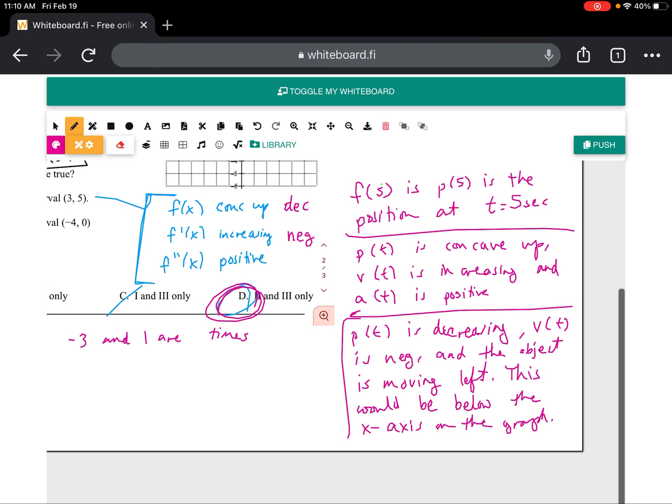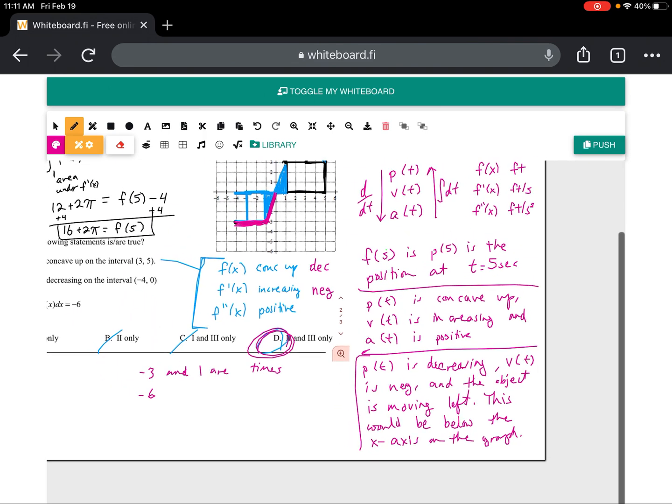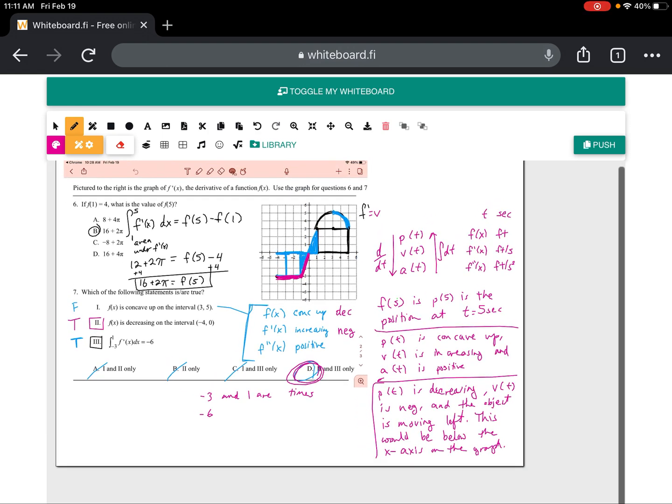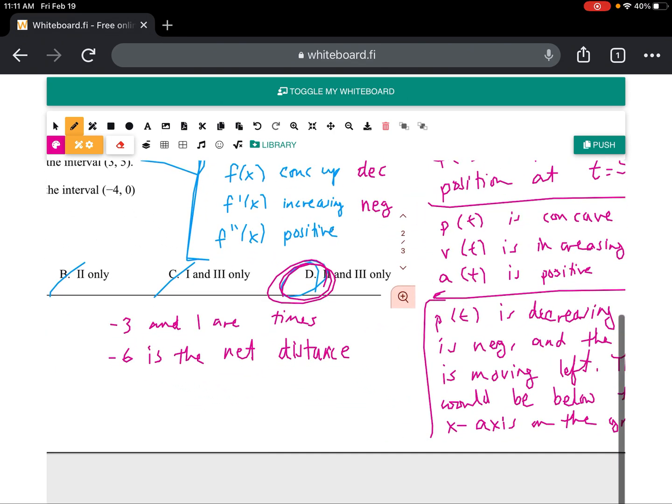Okay, the -6. That one's kind of a tougher one. -6 is the difference between two positions, right? Because we're taking the integral of velocity. The integral of velocity is position, and we're subtracting two positions. We call that a net distance that the particle travels between -3 and +1.